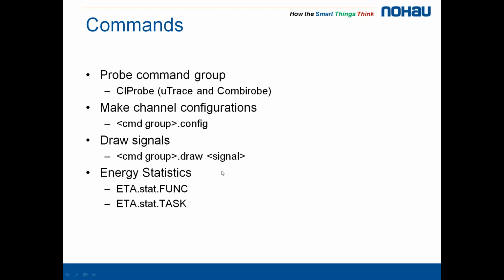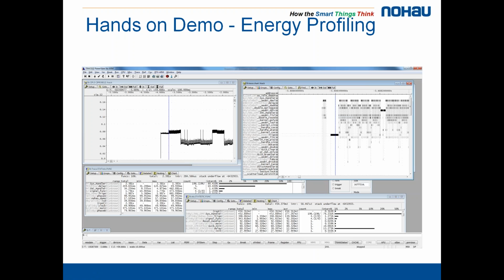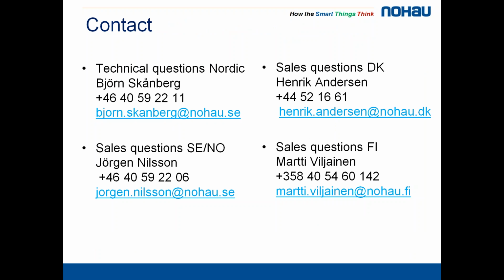So I'm able to tell which function and how much energy it has consumed, and also on which, let's say, RTOS task, so how much energy each RTOS task is consuming. So let's go into the hands-on.